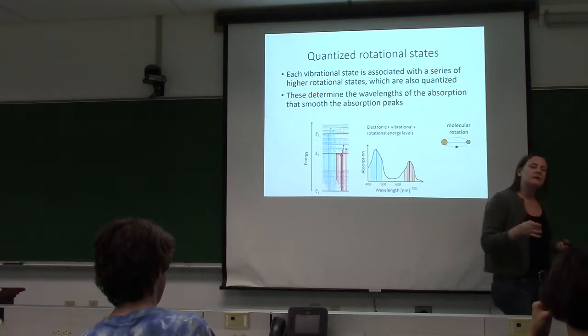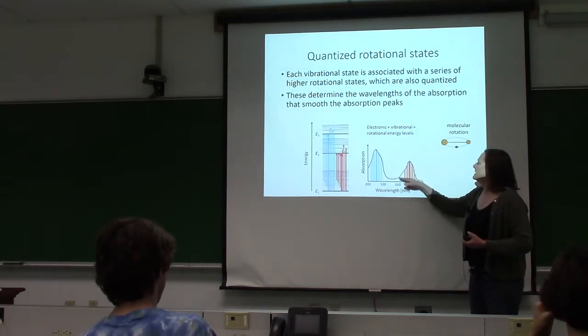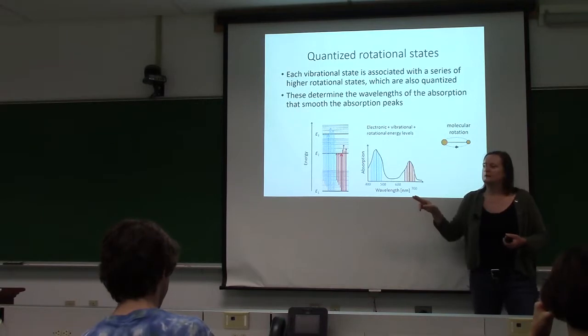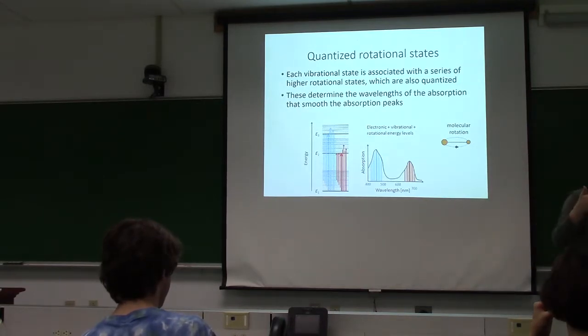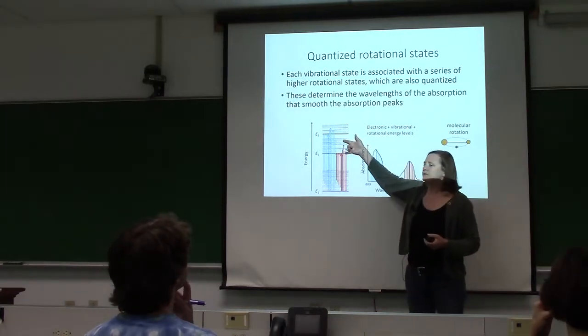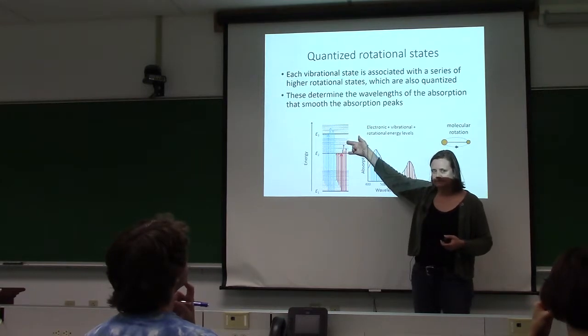So when you think about molecules and you think about absorption spectra, and you see absorption that has one peak, you can think to yourself, one electronic state. And if it has a very narrow peak, you can think relatively narrow vibrational and rotational states, mostly vibrational.